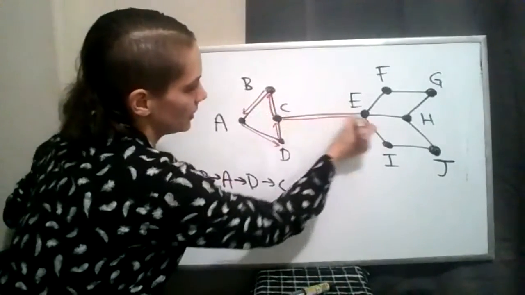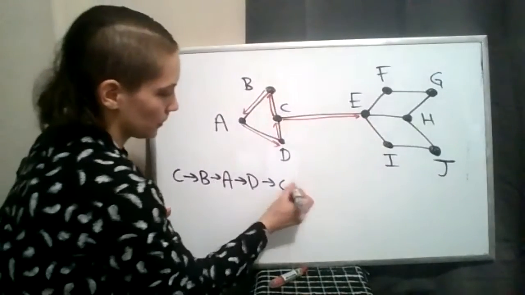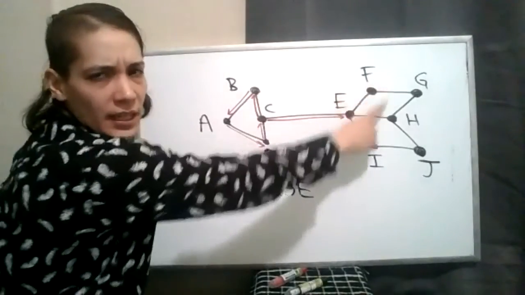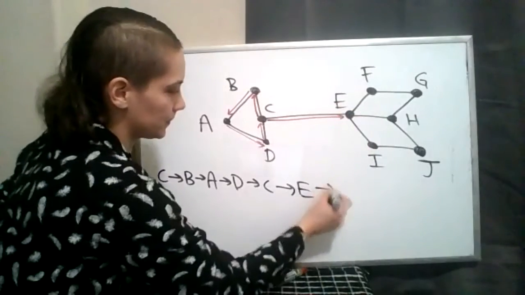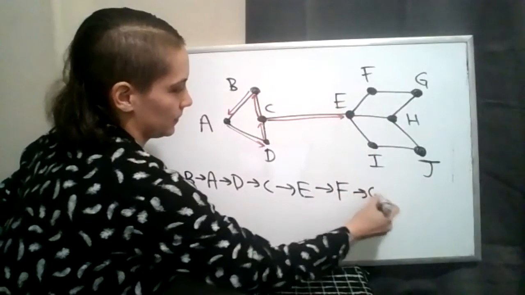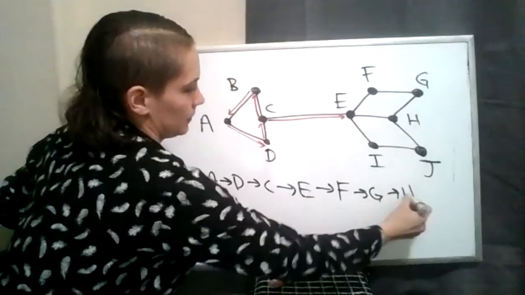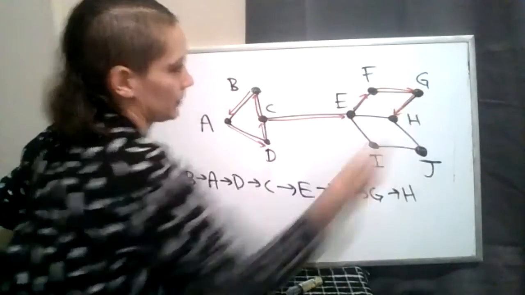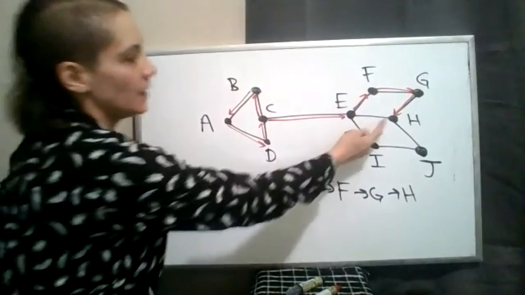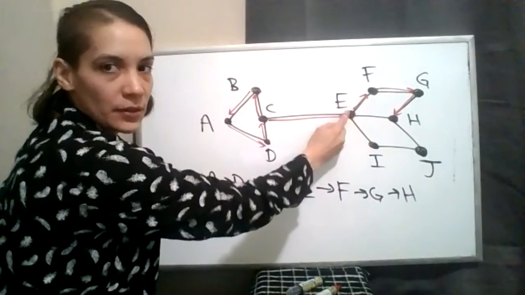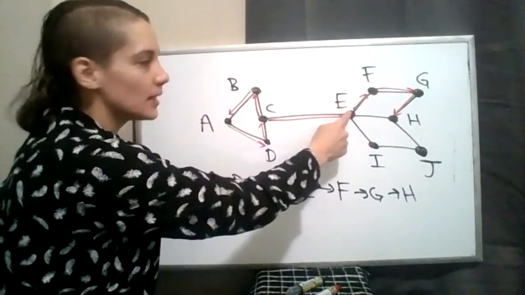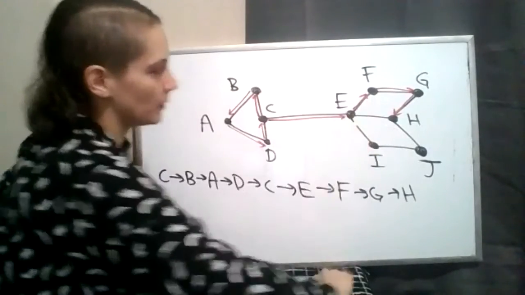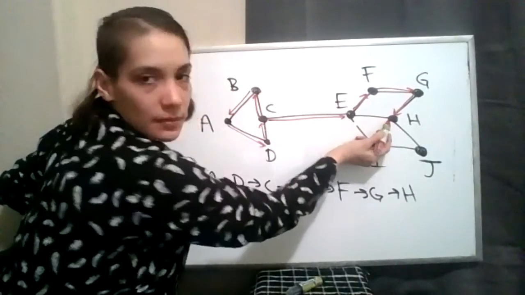And this edge, C, E. And then I went F, G, H. And you can take H back to E, because even though you visit E again, the vertex, we haven't covered that edge yet. So we're using this edge just one time, which is the goal of having a path.